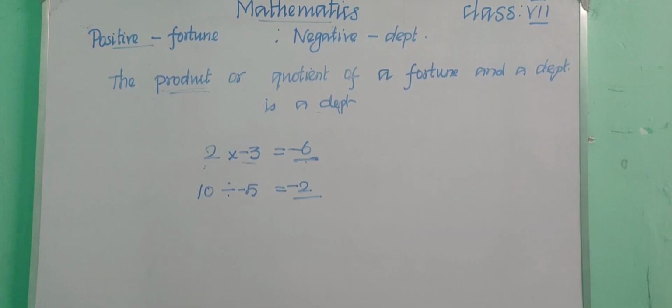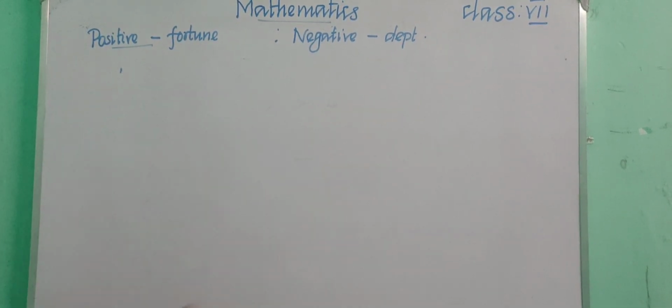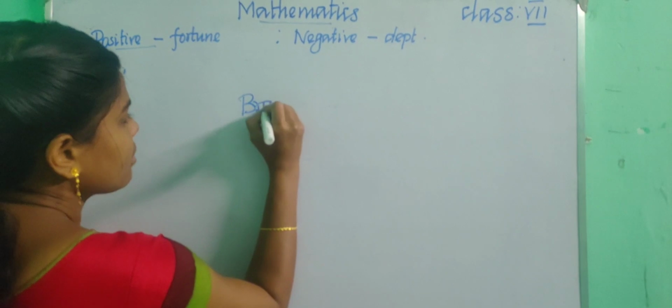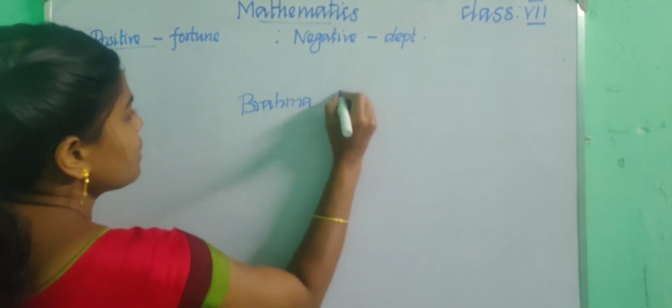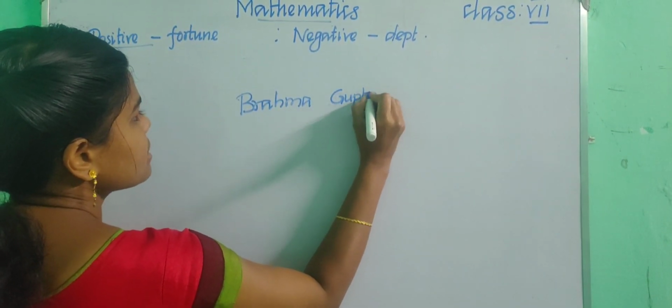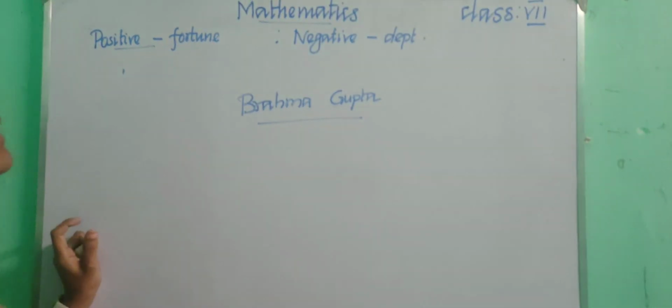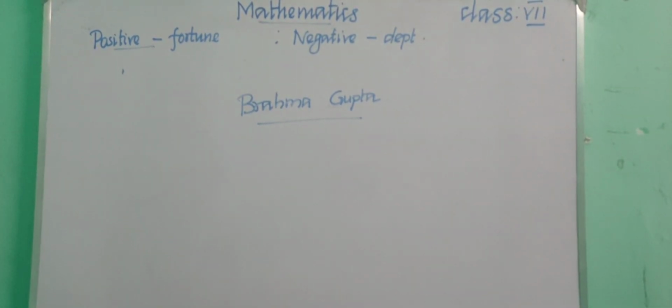Children, these rules were given by Brahmagupta, spelled B-R-A-H-M-A-G-U-P-T-A. He was an Indian mathematician and astronomer of the 7th century.